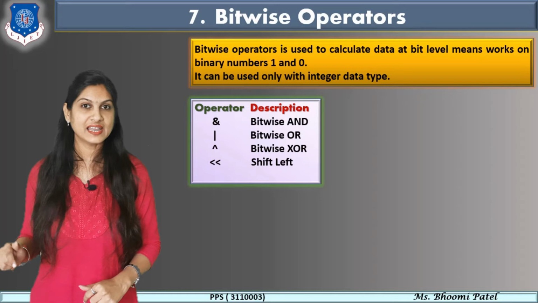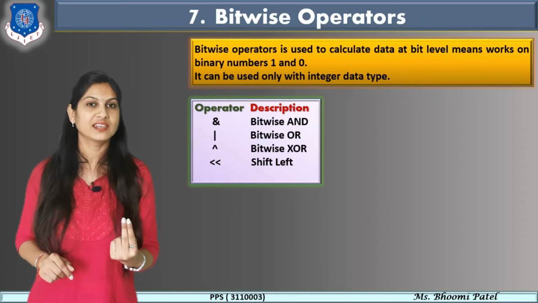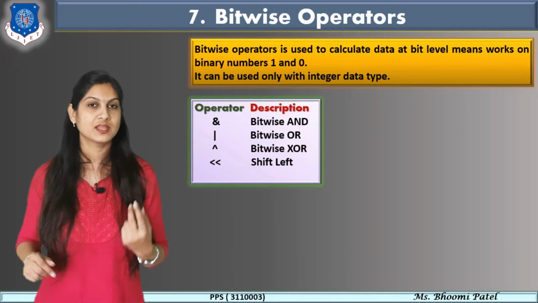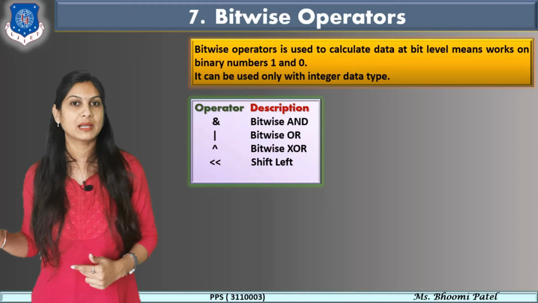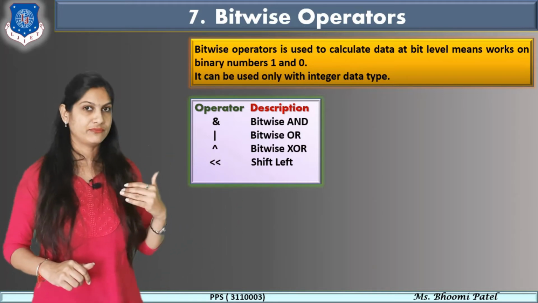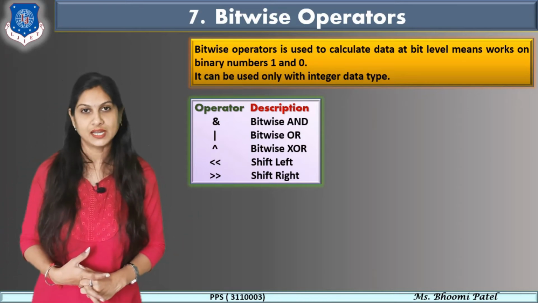Then less than, 2 times. If you put only a single less than, then which operator does it become? It is a relational operator. But for bitwise you have to remember double less than, that is shift left, and then double greater than sign, that is shift right.